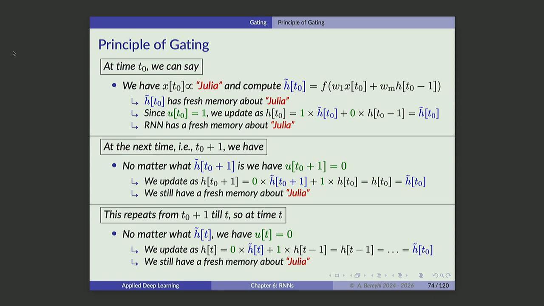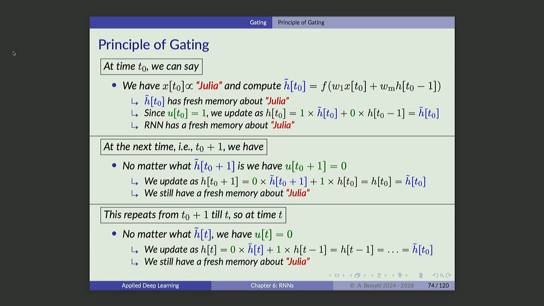So it's going to have very fresh information about Julia. Everybody's clear? This means that your neural network is really seeing Julia, and it makes sense now for your neural network to be able to give the right pronoun.